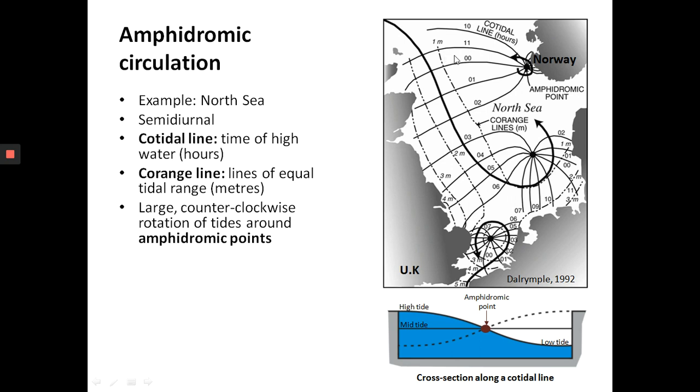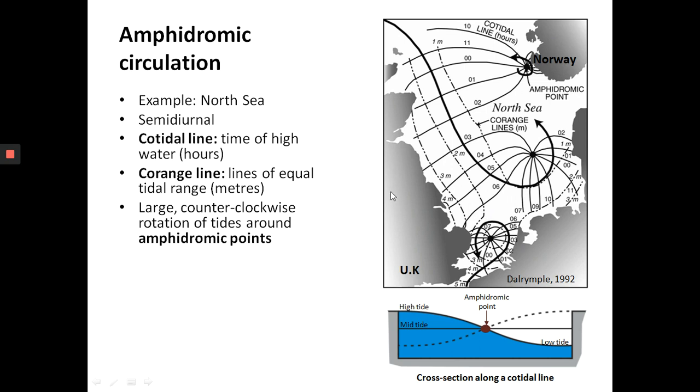These are time of high water. So for example, you start here. This is time 0 hour. After 1 hour, high tide reaches here. 2 hours reaches here. 3 hours here. 4 and so on. So it moves in a circle, right? It tells you during what time of the day where the high tide will be.